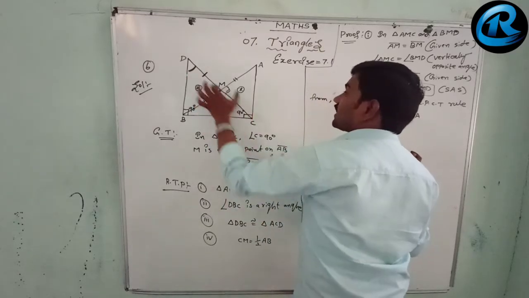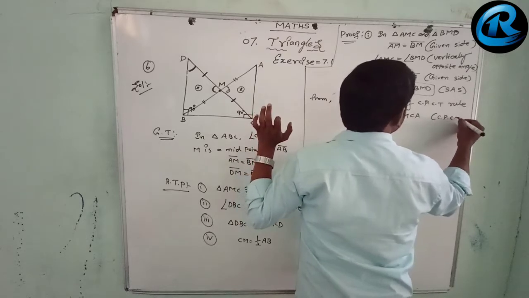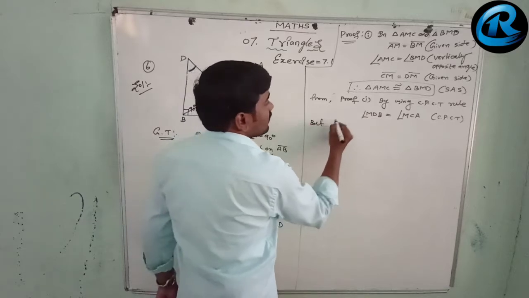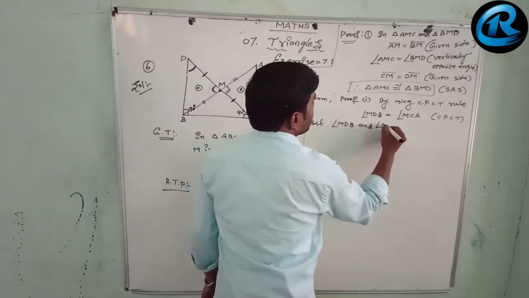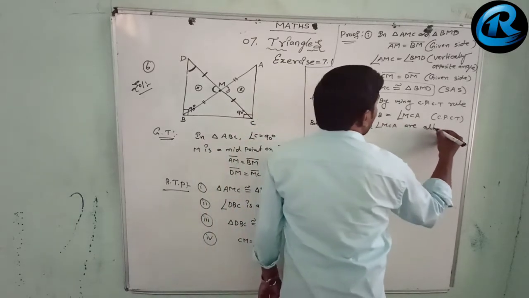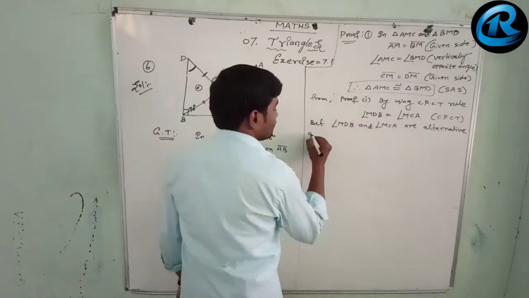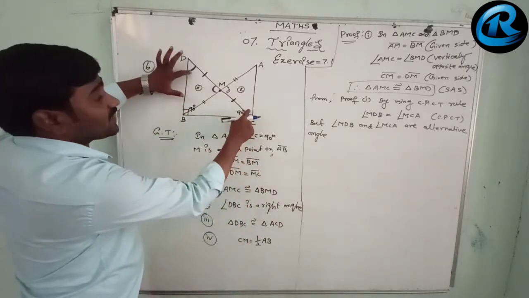Why are these two angles equal? By the rule of CPCT. These two angles, angle MDB and angle MCA, are alternate angles.